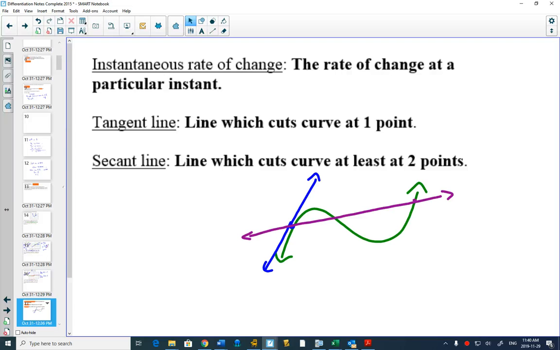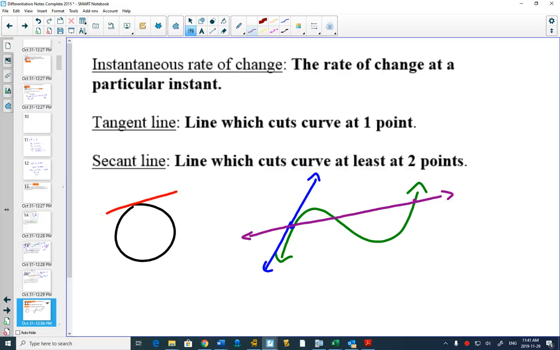Now these definitions aren't quite perfectly accurate, but you drew tangent lines to circles back in grade 9. Do you remember doing that? If you had a circle, a tangent line always touches only at one point.